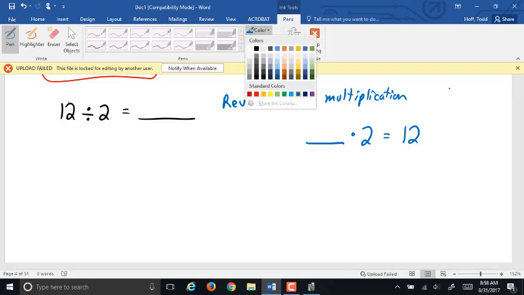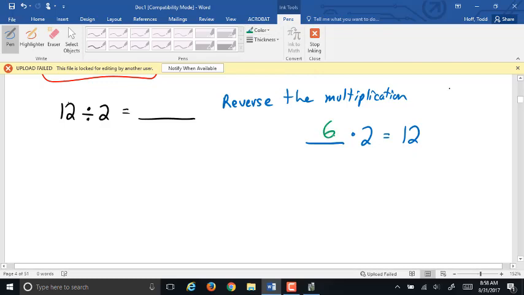You got it. So 12 divided by 2 does equal 6. And the reason is because 6 times 2 equals 12. Without multiplication, we cannot define division.